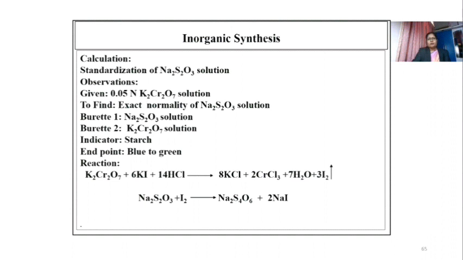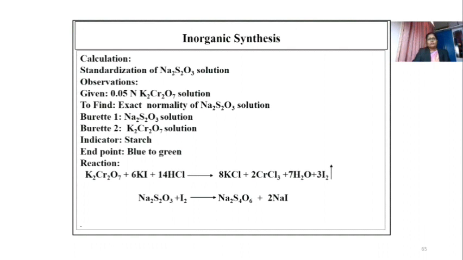So this is the calculation for standardization of sodium thiosulfate solution. The first part is observations. Here for this titration, given is 0.05 normal potassium dichromate solution. We have to find out exact normality of sodium thiosulfate solution.